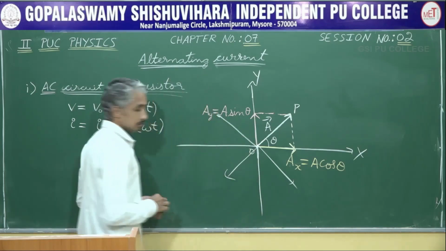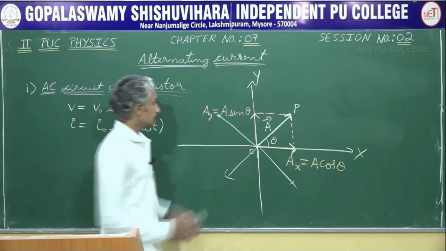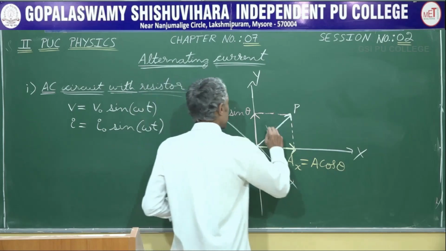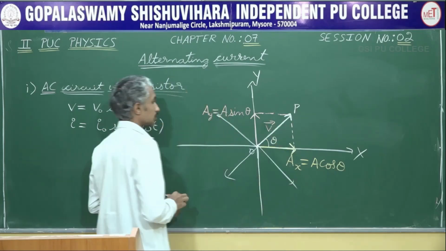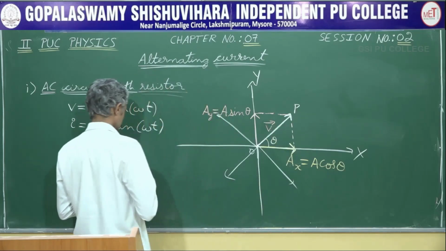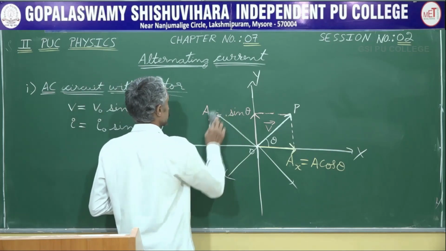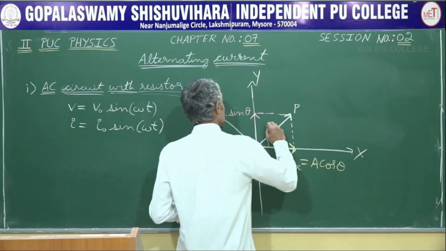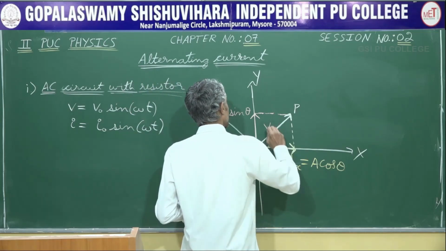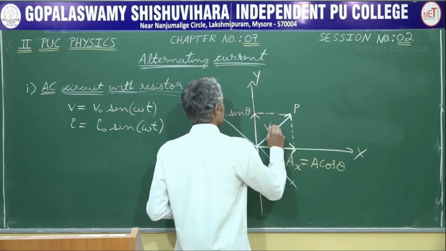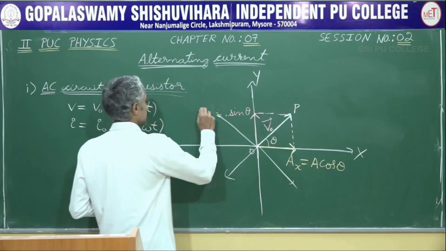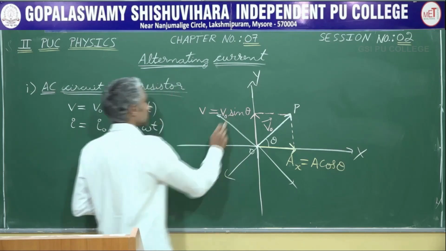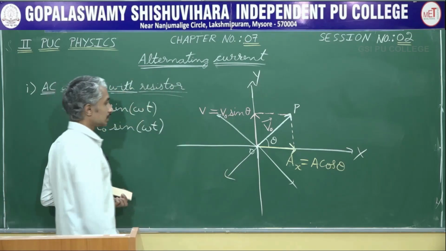So here instead of A, if I write V, then we take this as V naught, then can write this as V is equal to V naught sin omega t.